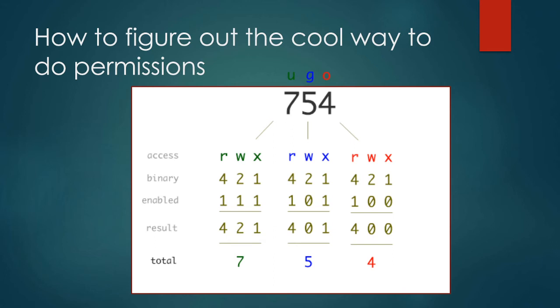So let's say, for example, we want to look at the far right of this image. We have read, write, and execute permissions possible. This is relating to the 3rd number, which is going to be the world or all the other people. This is color-coded by red.